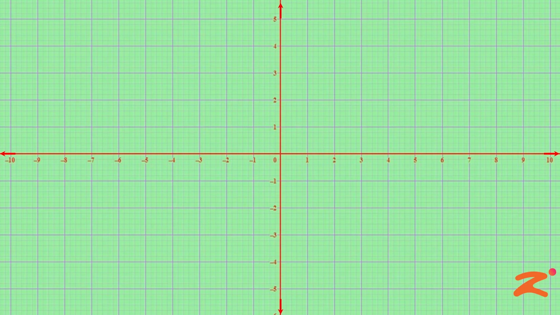The horizontal line is known as the x-axis and the vertical line is called the y-axis. As we draw these lines, the first thing we should do is set the scale of the graph. What is the scale of the graph? On the x-axis and y-axis, 1 centimeter is equal to 1 unit. That will be the scale for the given graph.